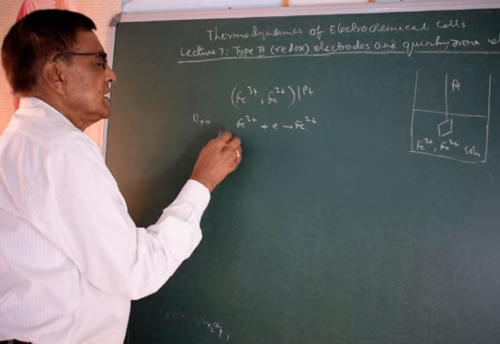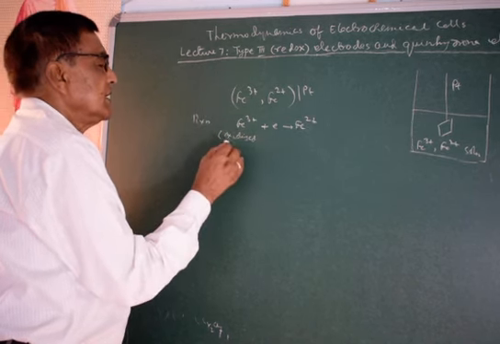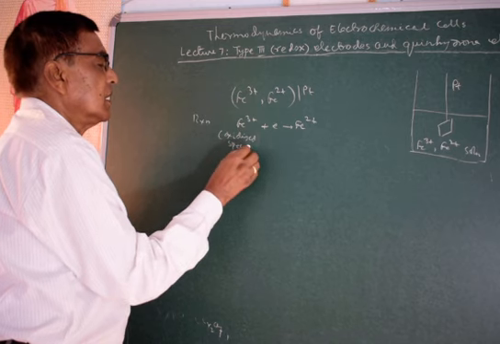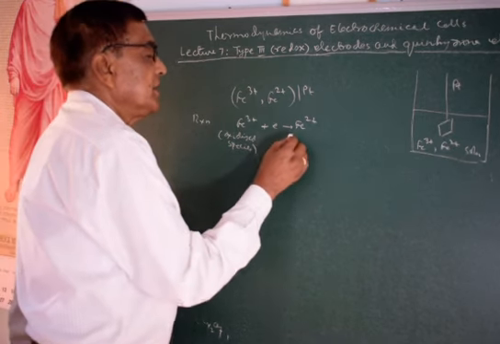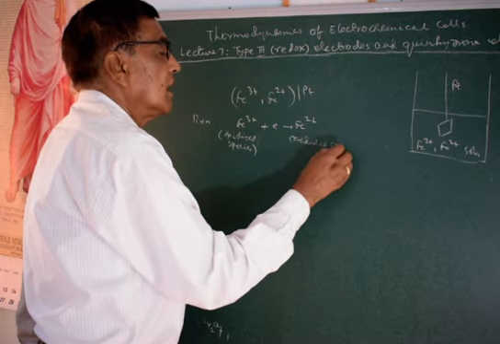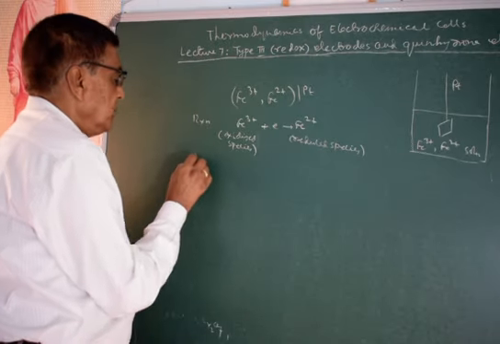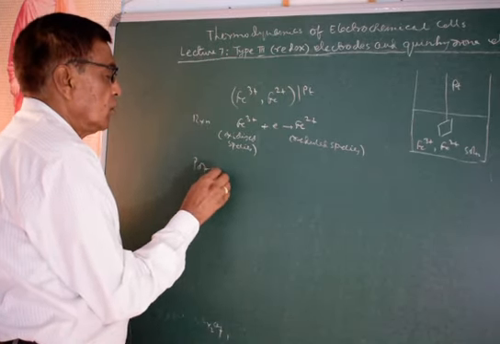This is the oxidized species, and this is the reduced species, and the potential of this electrode.